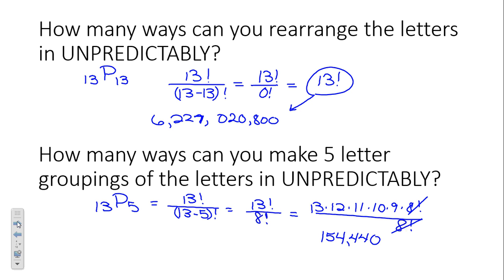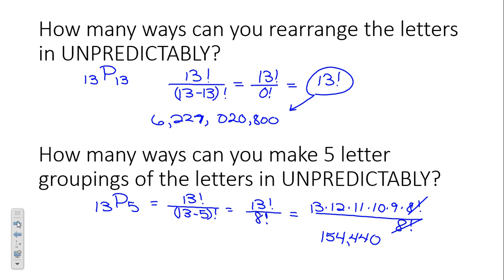Whenever these two match up, that's what we're canceling out, because 8 times 7 times 6 times 5 times 4 times 3 times 2 times 1 over 8 times 7 times 6 times 5 is going to all cancel out. So we're saving ourselves some writing. Okay? Once you hit whatever is on the bottom, stop writing. Cancel. Okay? So far so good?